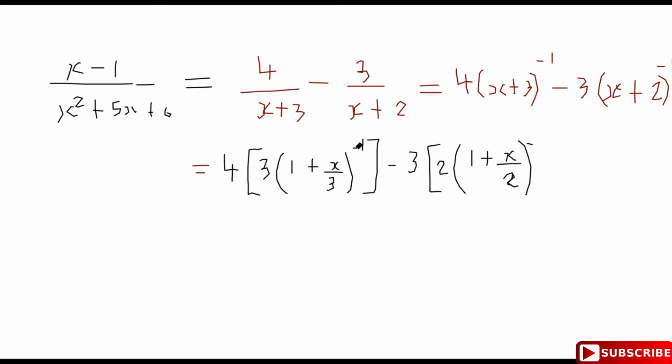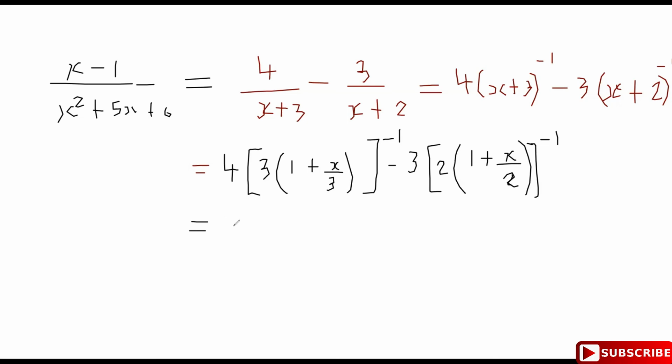I should have been putting a negative 1 on this outside because it's everything to the negative 1. If you don't believe it, expand it back: 3 times 1 gives you 3, and 3 times x over 3 gives you back your x. So everything would be fine. All of this simplifies down: 3 to the minus 1 is 1 over 3.